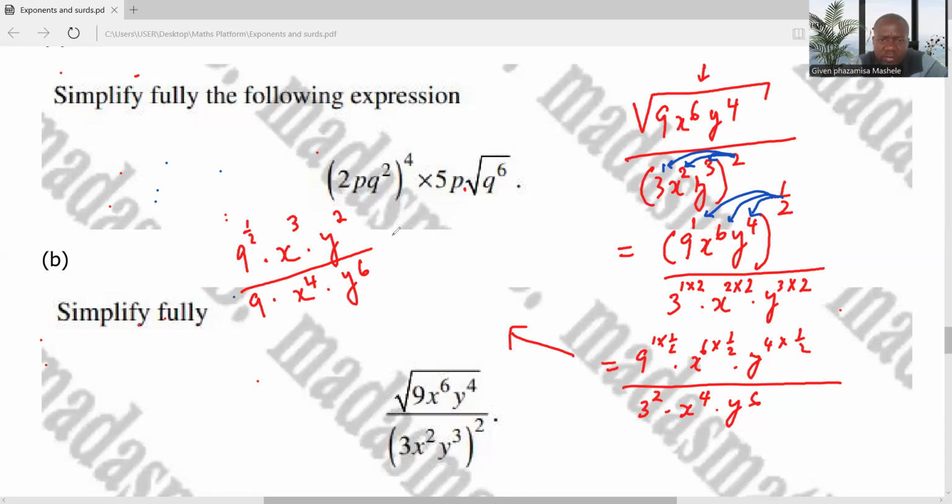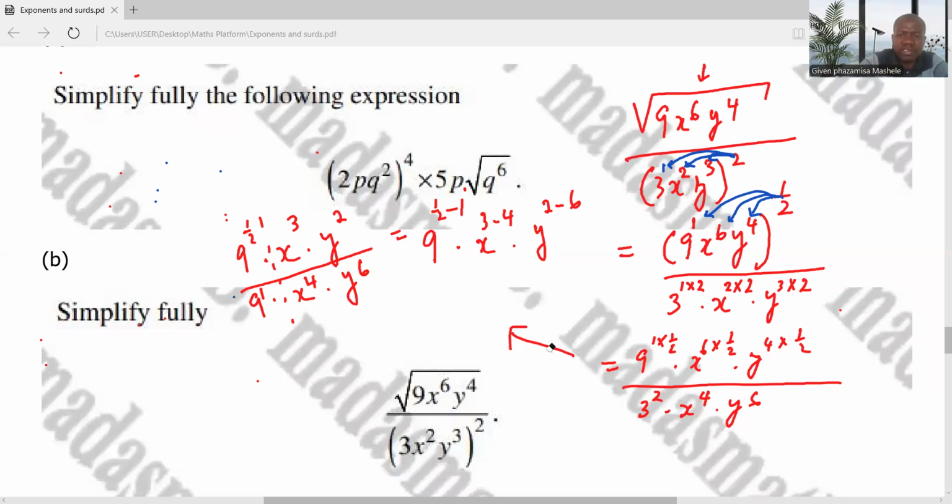I believe you're following. So here we can use the division law, looking at the base of 9, the base of x, and the base of y. We know in terms of exponents, when the base is the same, we take one base and we subtract the exponents. So it's going to be half, remember there's a 1 here, minus 1, times x to the exponent of 3 minus 4, times y to the exponent of 2 minus 6.